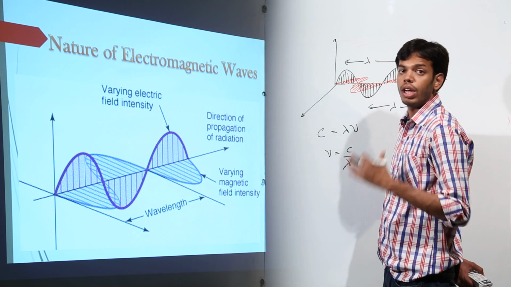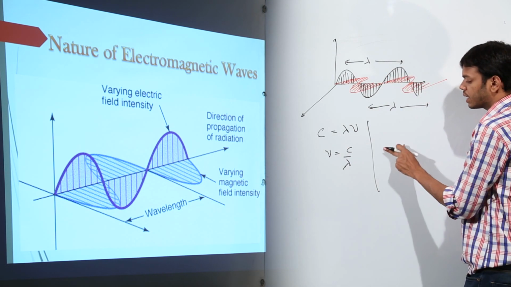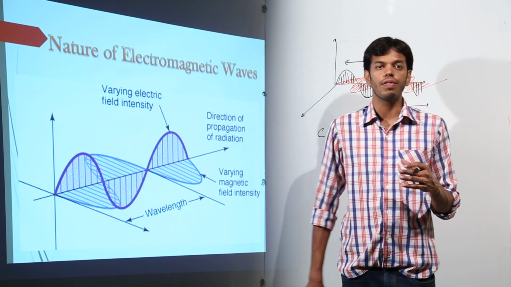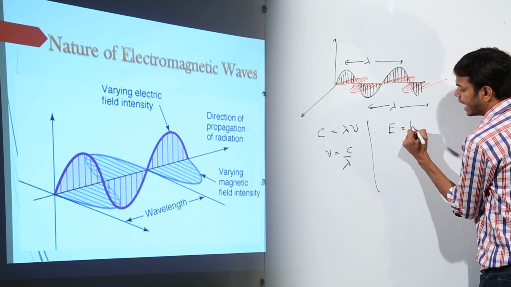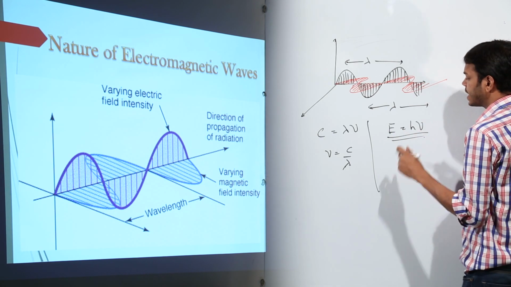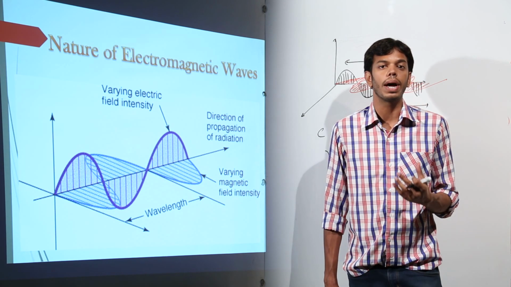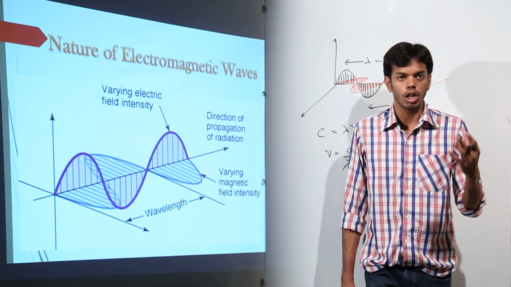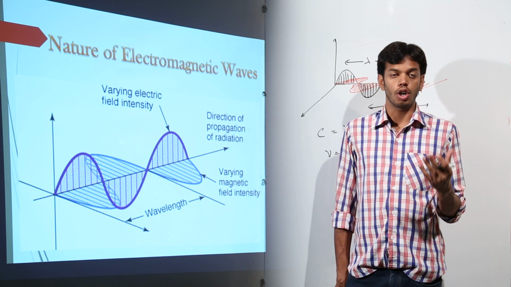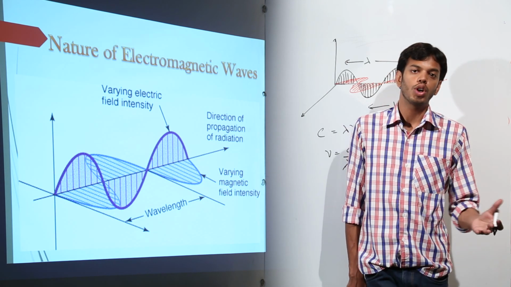This is the formula. Now, one important thing is that in chemistry there is an equation which you have learned about a lot, which is energy, E is equal to h nu. This energy is associated with the frequency of the particle. So basically small particles, what? Photons. Photons are particle or wave in nature? Photons have dual nature.